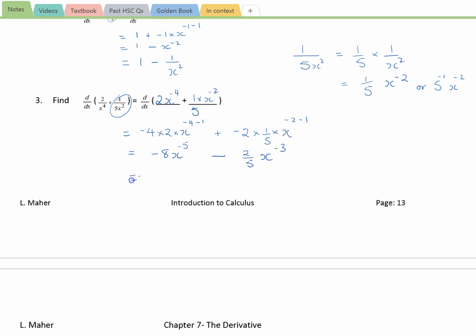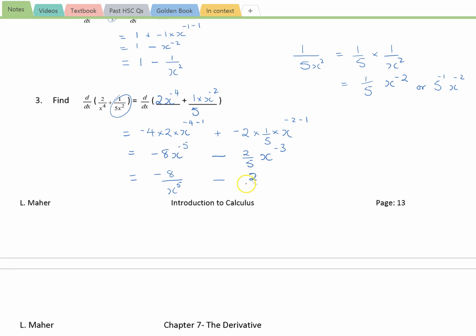You may be required to write that with positive indices. And if that should be the instruction, this becomes minus 8 over x to the power 5. The 8 doesn't have a negative index on it, only the x has the negative index.